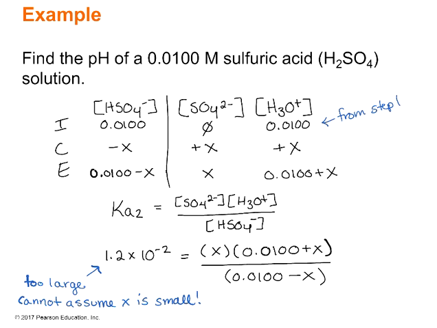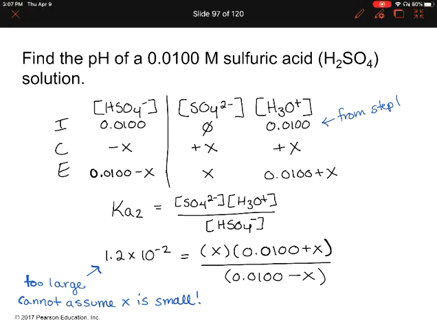So presumably we are going to produce a lot of the product, which means that there will be a significant change. So x, which is our change, will be quite large. So we can't really ignore the change in x for this particular problem. Now, unfortunately, that means we have to use the quadratic formula, which is not my personal favorite, but we can tackle it together here.